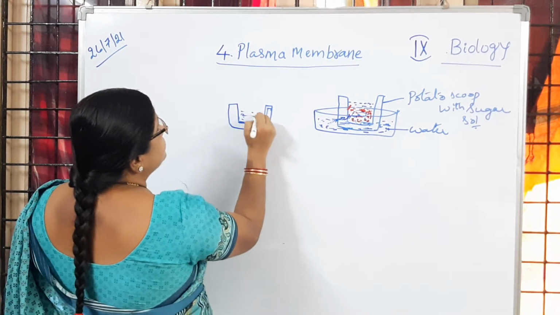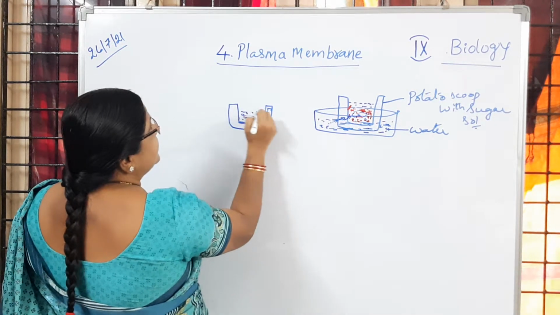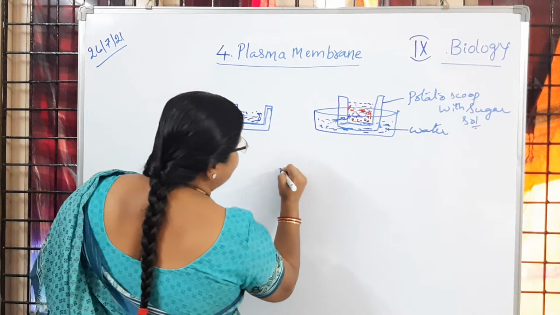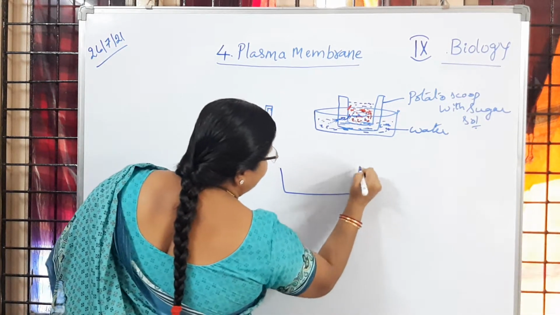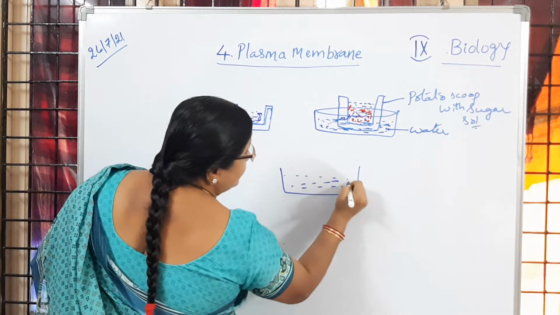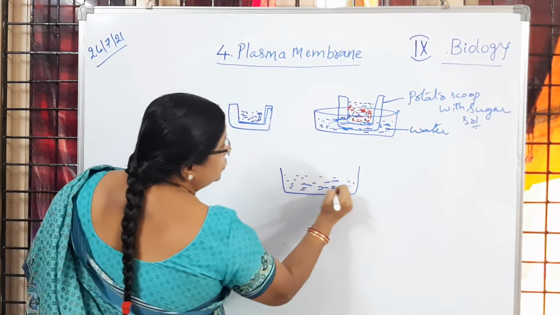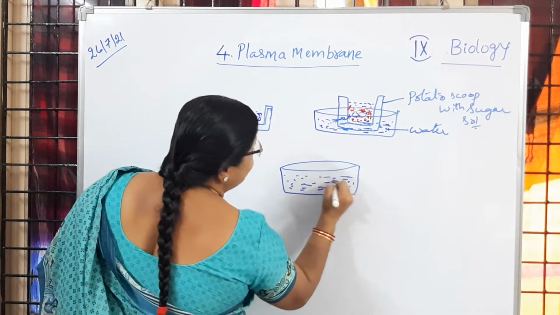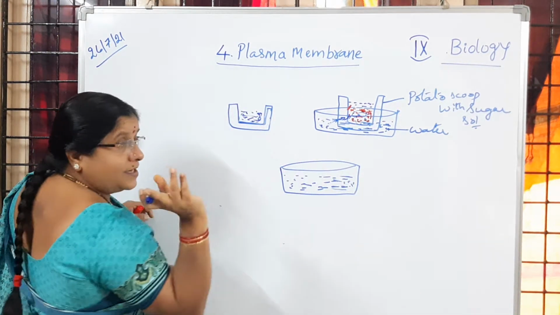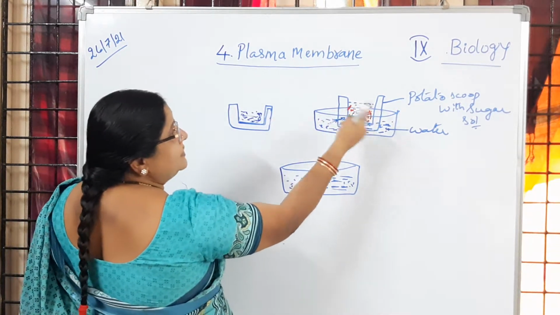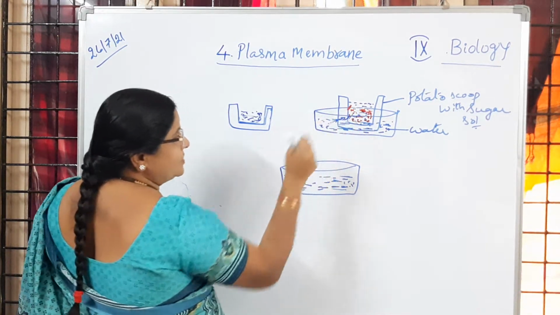So now what we have to do here, instead of sugar solution, we are simply taking water in the potato scoop, and we are going to keep it in a plate or beaker which contains the sugar solution. Is it clear to you? In the first one, inside the potato scoop we have taken sugar solution.